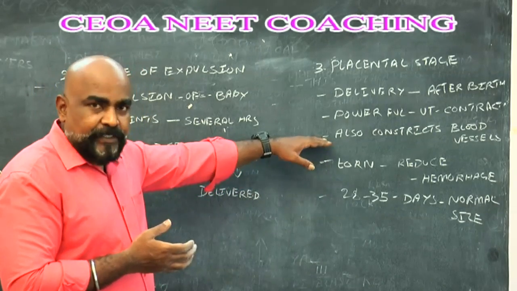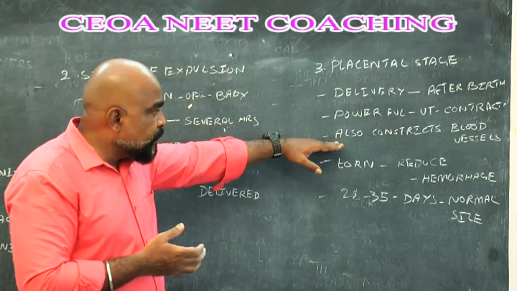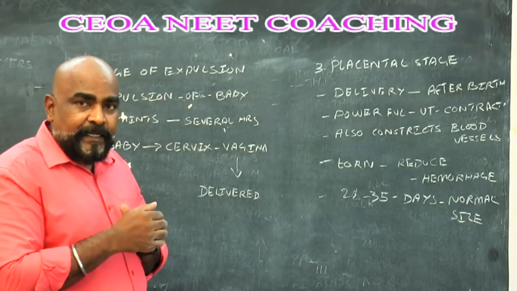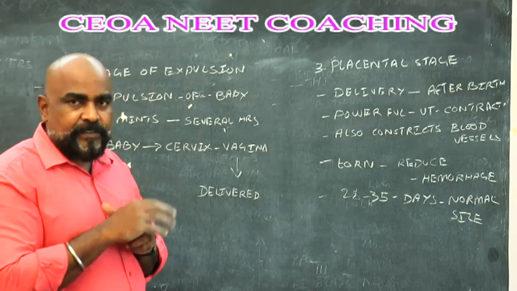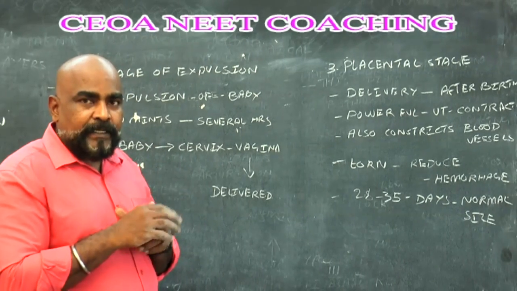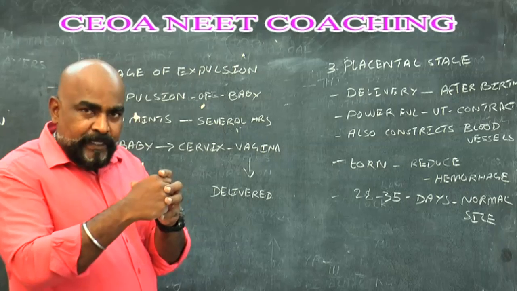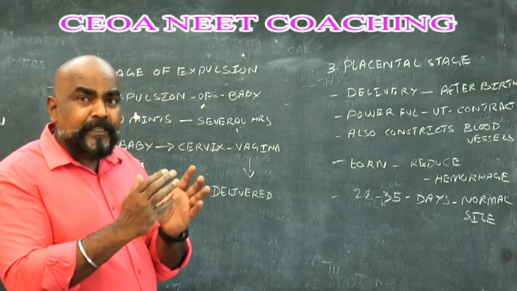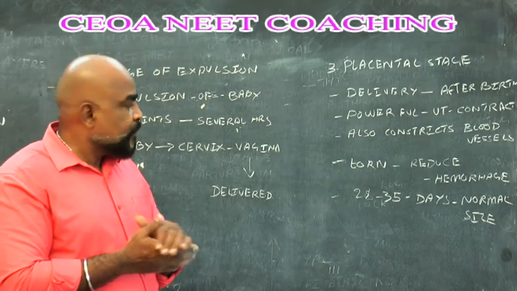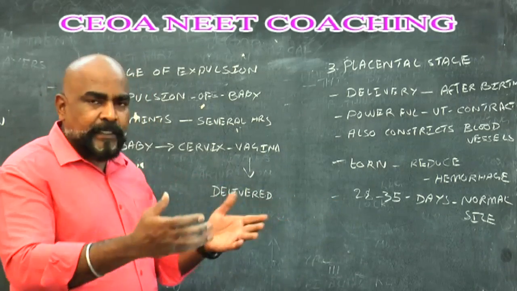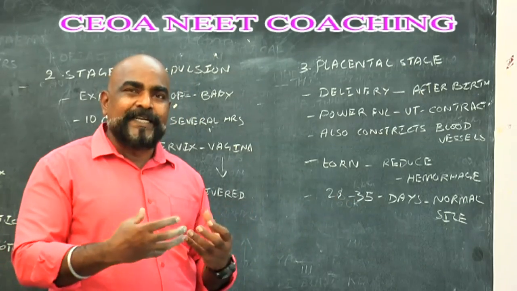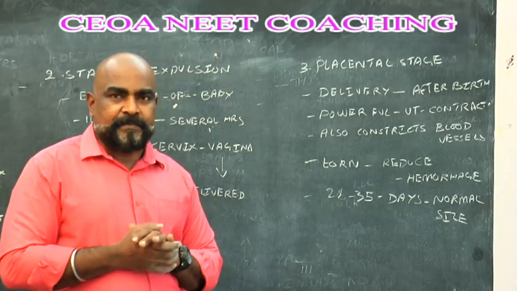These contractions not only contract the uterus, they also constrict the blood vessels so that the extra embryonic membranes can be easily expelled and hemorrhage can be prevented. And after delivery, within some 28 to 35 days, the uterus will return to its normal size.